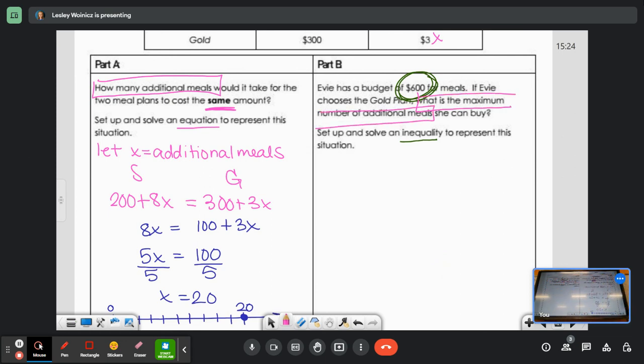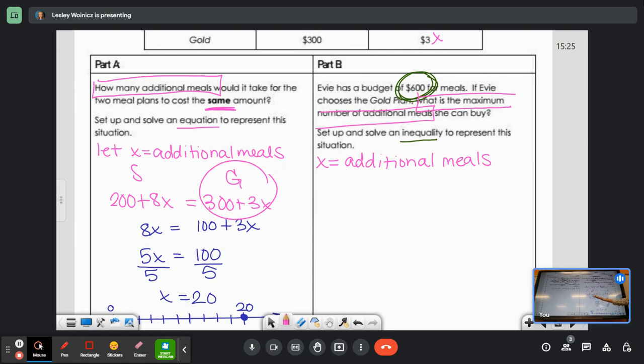Yeah. So what does X have to be again? It's still additional meals. So X equals additional meals still. Now, this time, if she's only doing the gold plan, are we going to have two sides with a rate each?